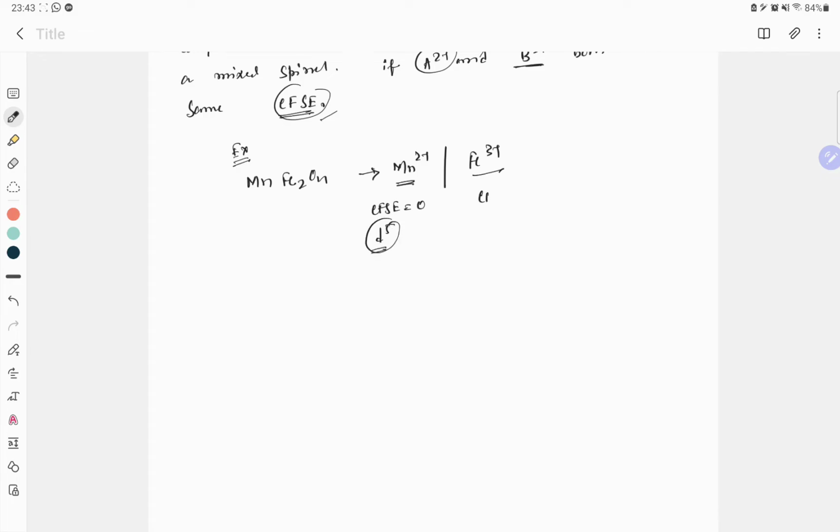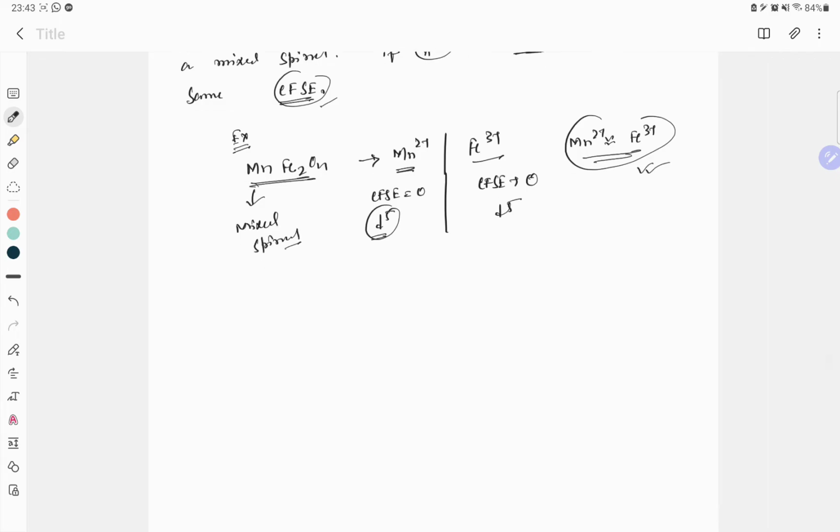Fe3+ CFSE is also 0 because it is also a d5 system. But in this case the size of Mn2+ is comparable with Fe3+. So this is a mixed spinel.